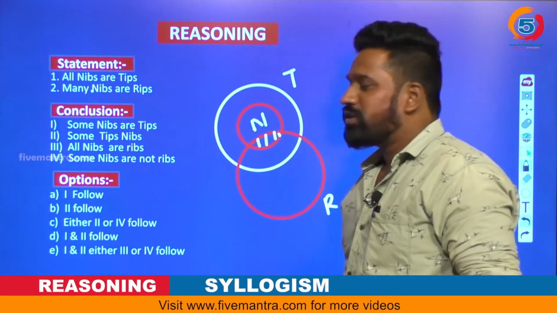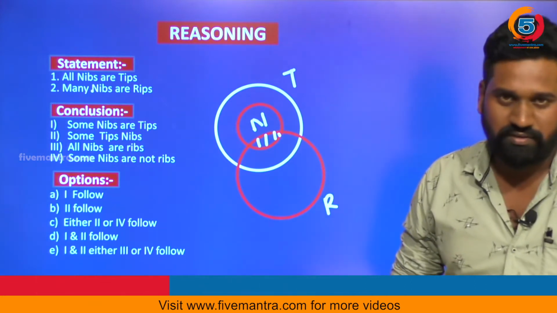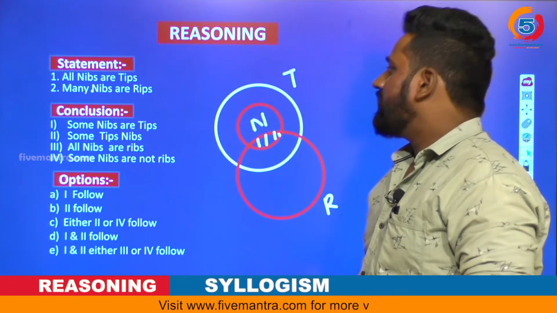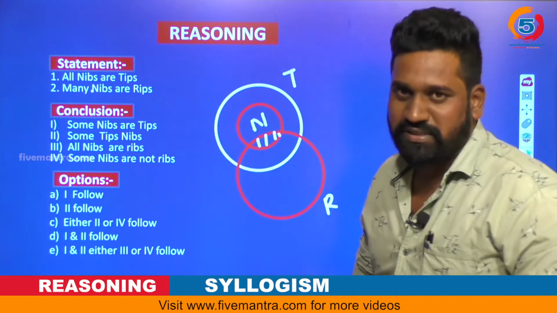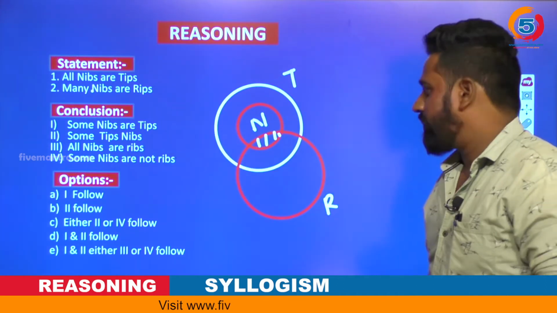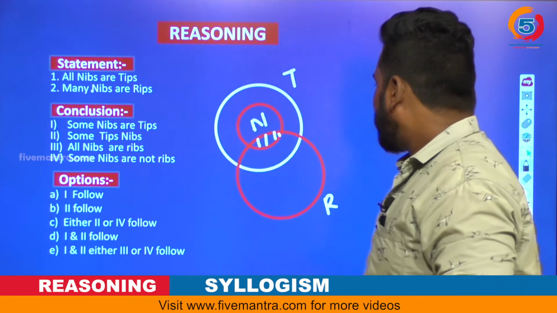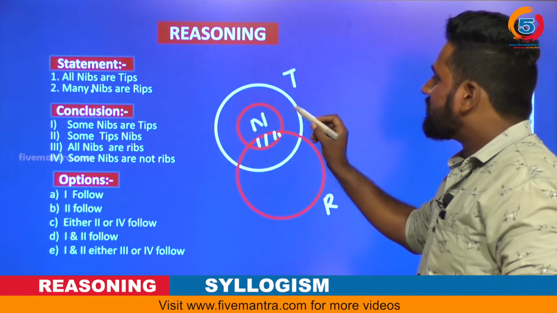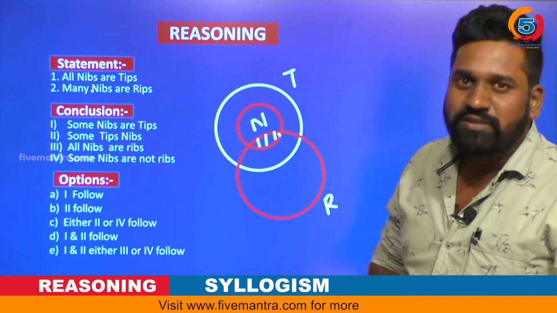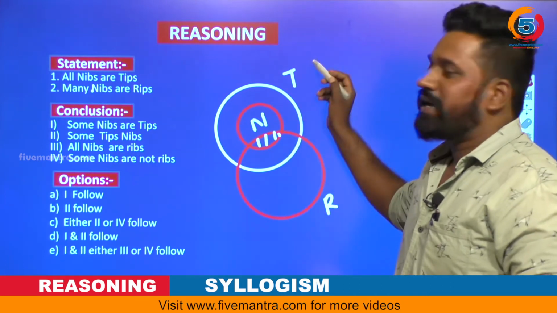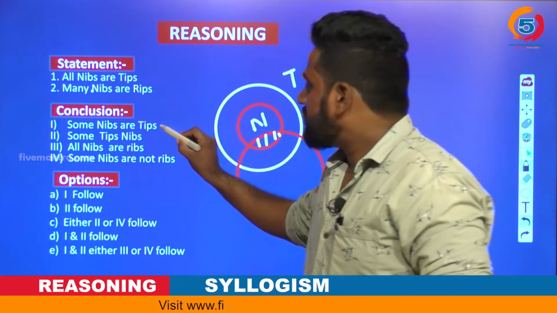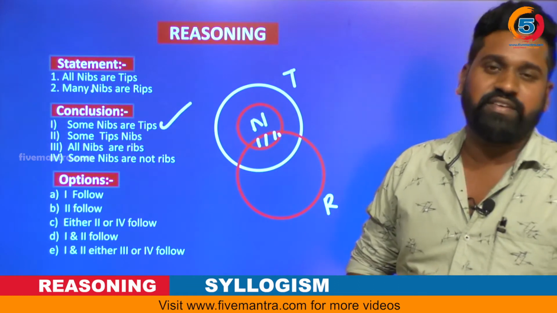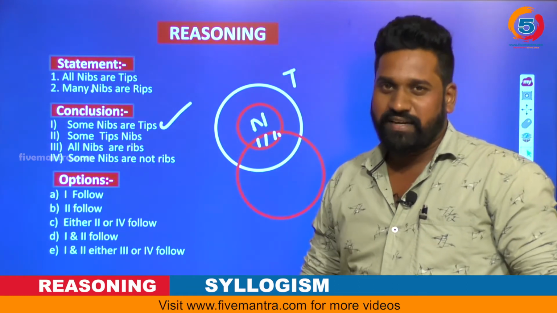Now the thing is you have to observe the conclusions. What is the first conclusion given? Some nips are tips. Is it correct? You have to check. Yes, absolutely correct, because all nips are tips is given. So in that case, some nips become tips. So the first one is a definite conclusion for the given statements.